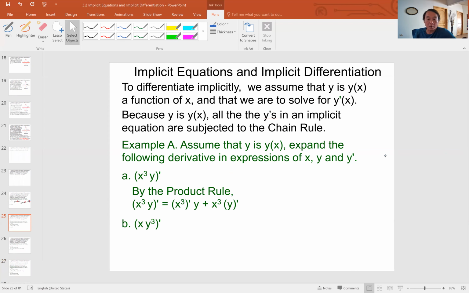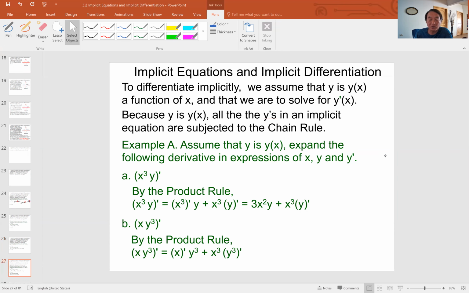So hence, by the product rule, the derivative of x cubed is 3x squared, times y, plus x cubed times y prime. What happens if I have y cubed? Then for the derivative of y cubed, that's where the chain rule comes in.